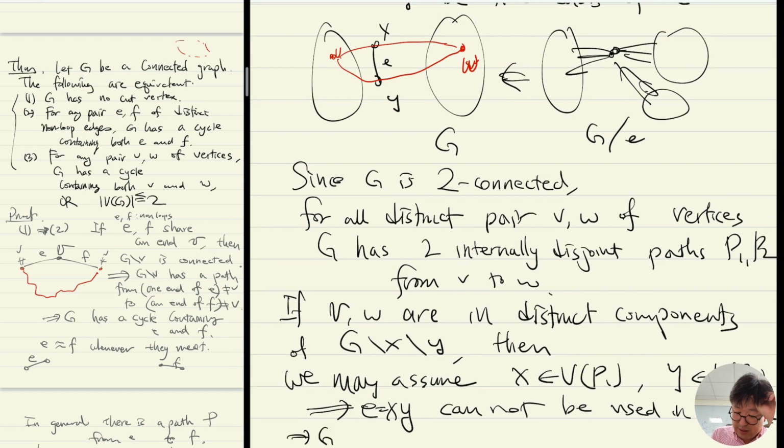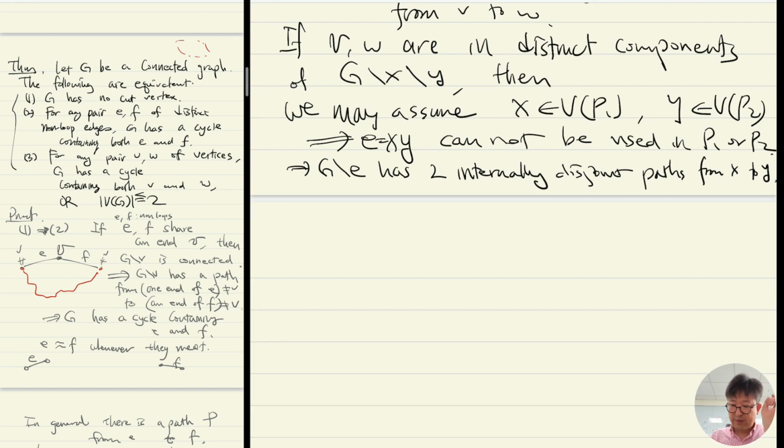So G delete e has two internally disjoint paths from x to y, right? So if v, w are in distinct components, I know for sure that there are two internally disjoint paths.